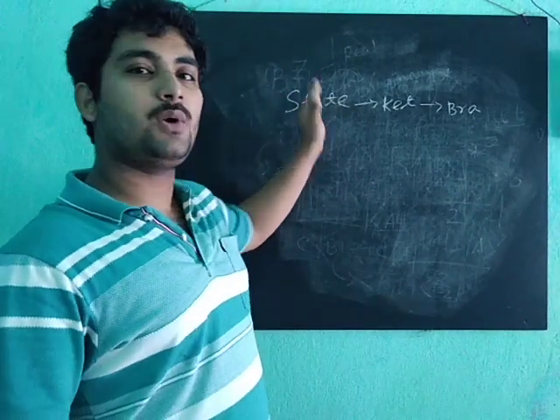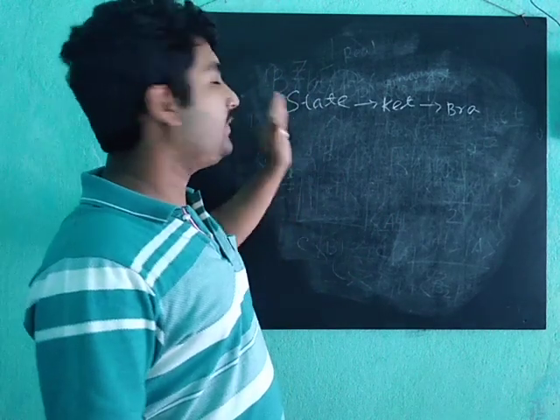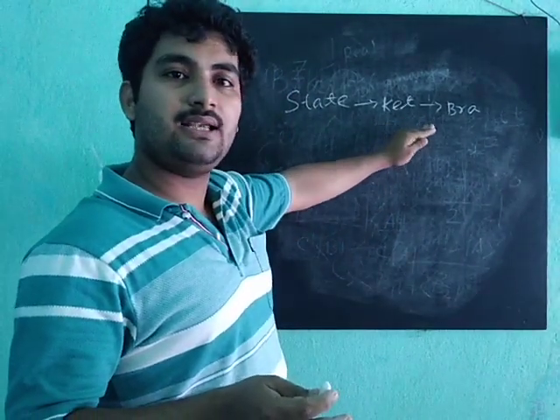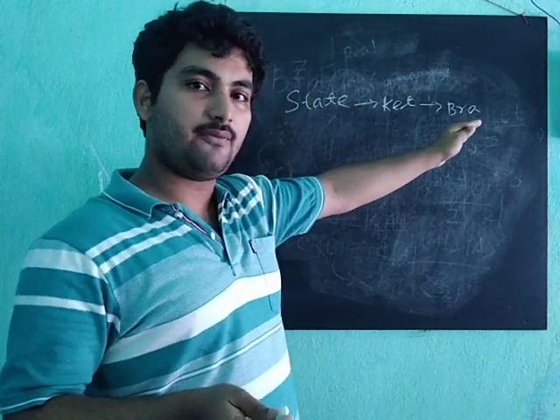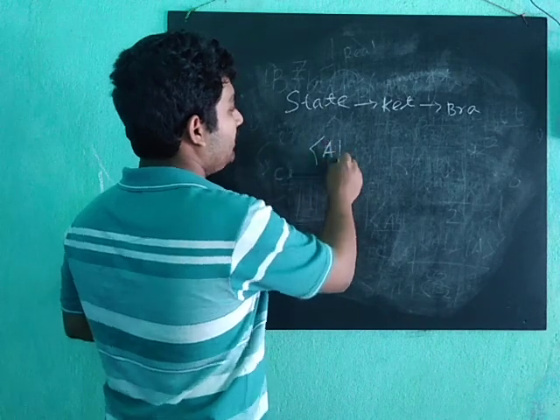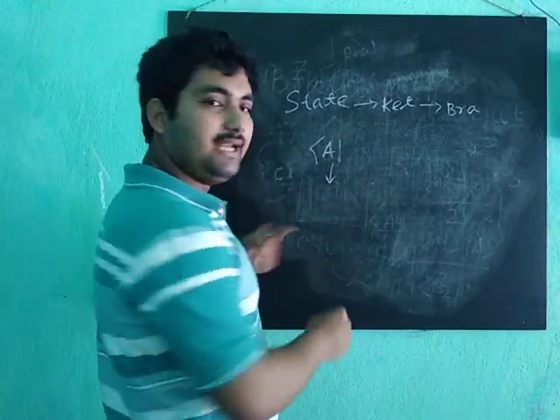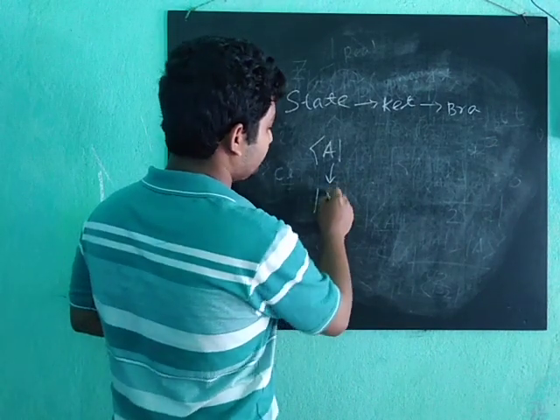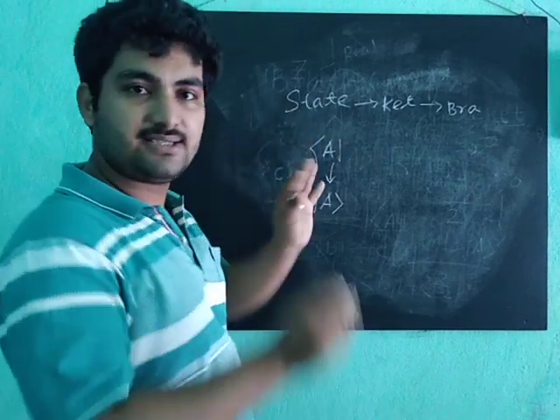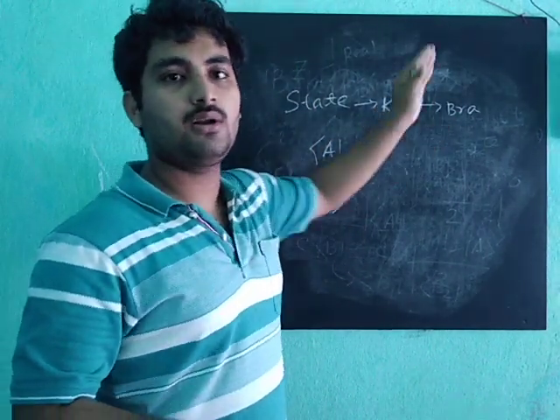So a state can also be represented by a bra vector. The state of the system can not only be represented by a ket vector, it can also be represented by a bra vector. If I have a bra vector A and its ket vector, these two represent the same state. So a state can be represented by either a ket or a bra.